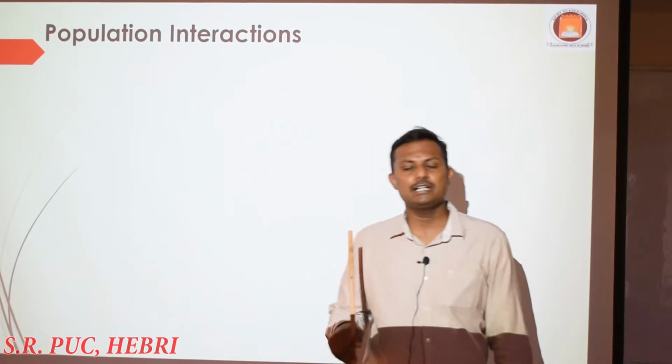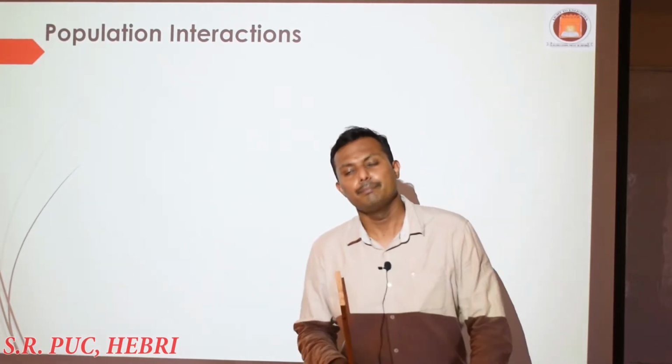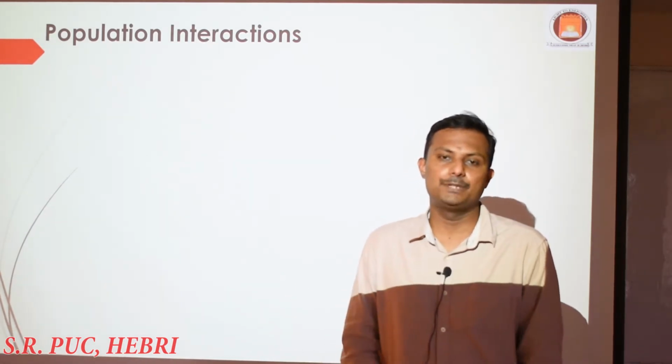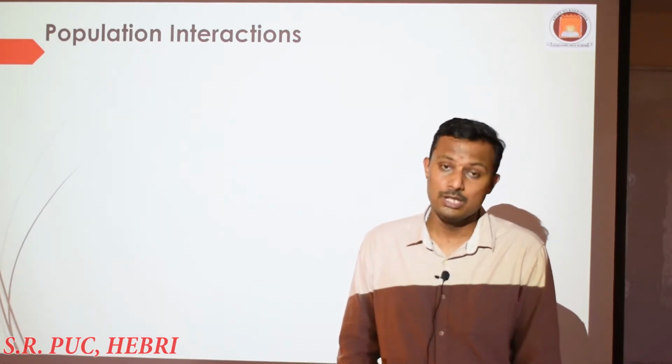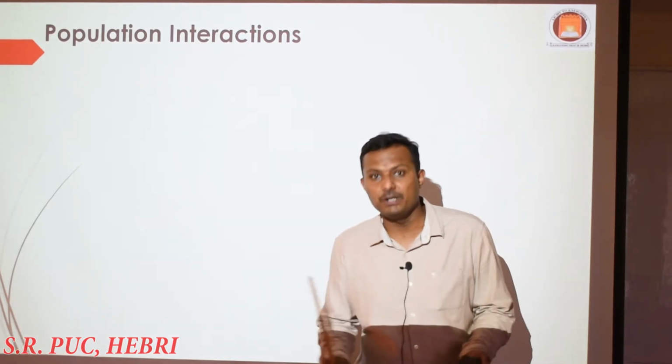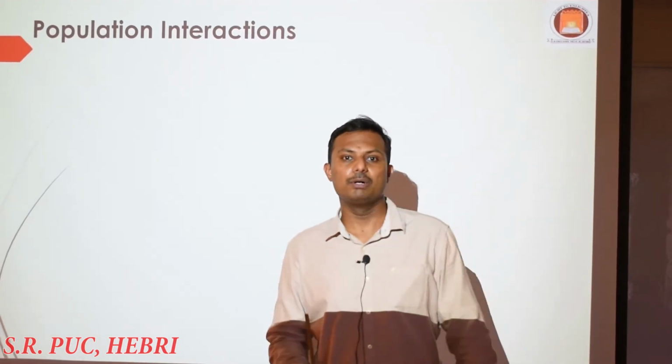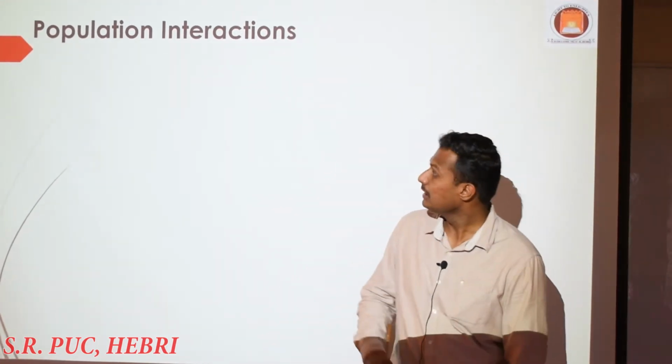These are mainly concerned with the mode of reproduction. Different organisms have adapted to different modes of reproduction as per their favorable or unfavorable conditions, or their immediate biotic or abiotic factors.